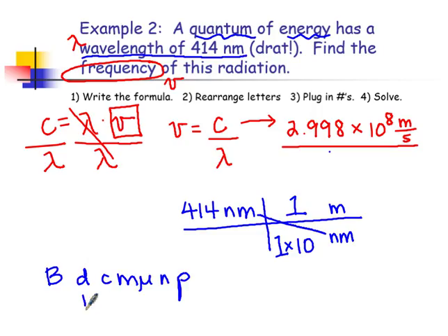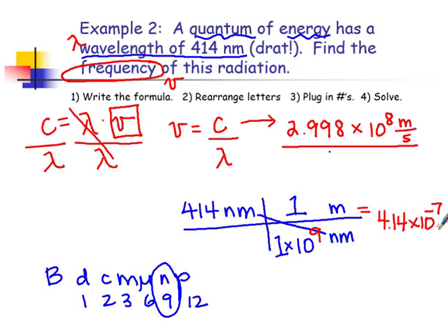And so 1, 2, 3, 6, 9, 12. So guess what, folks? Nano means 9. So then we find out that that is 4.14 times 10 to the negative 7th meters.